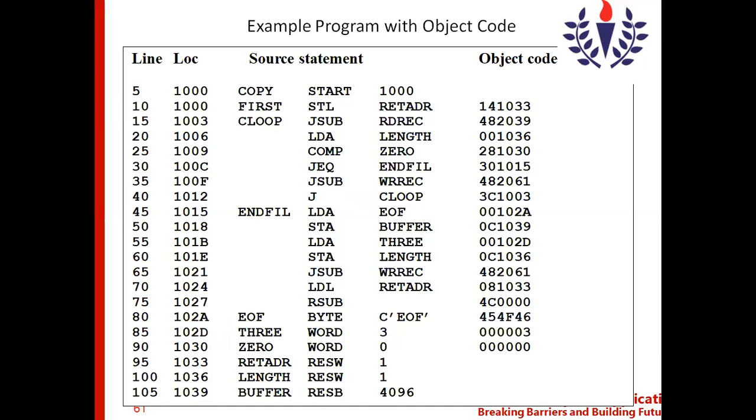Since it is RESW 1, that is one single word, and one single word is nothing but 3 bytes. So 1 into 3 bytes. Suppose instead of 1, it has the value 2 in the operand field, then 2 into 3 bytes. If it has 3, then 3 into 3 bytes. That is how the location counter value will be changed based on the value available in the operand field.